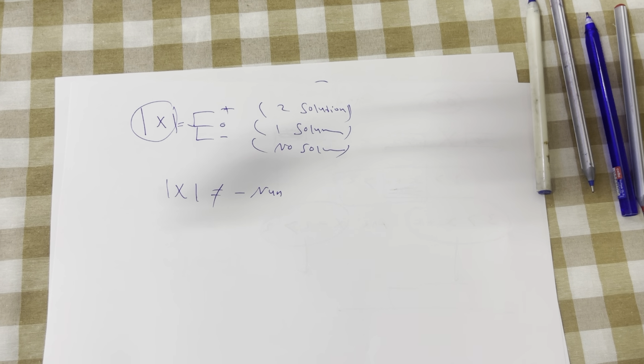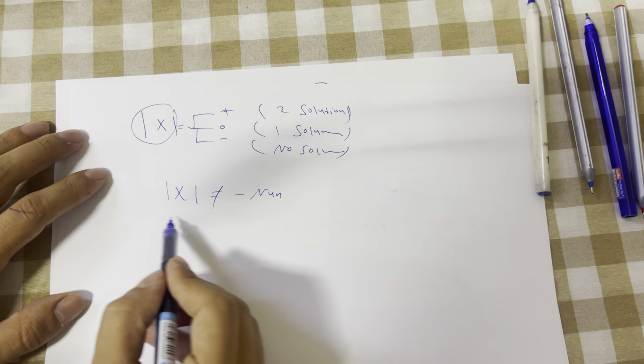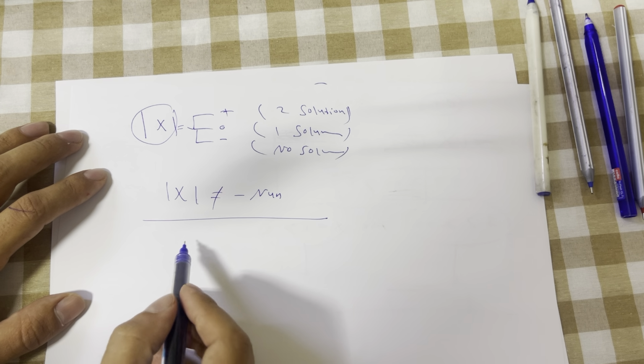Why? Because we can't get a negative number from inside an absolute value.